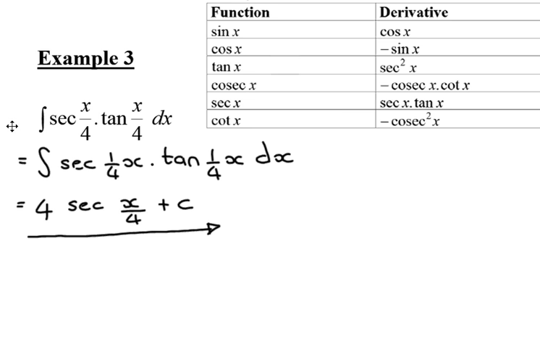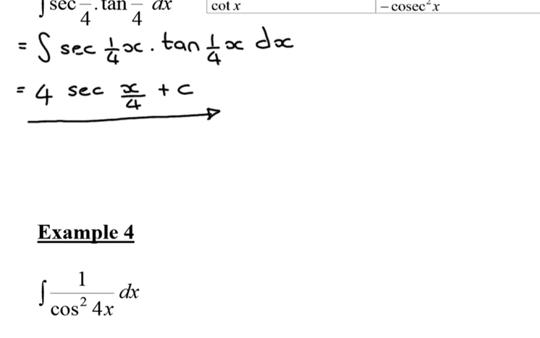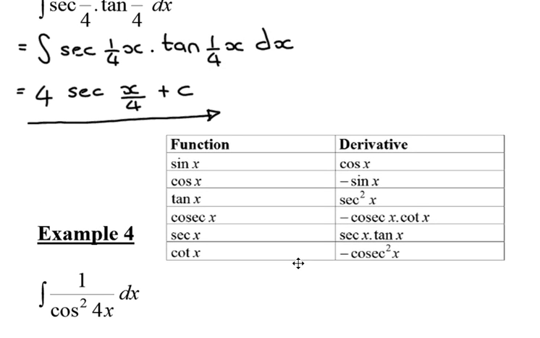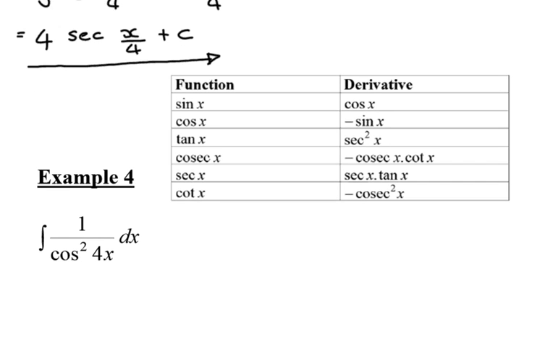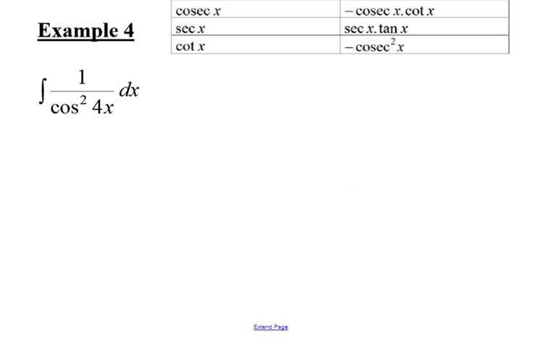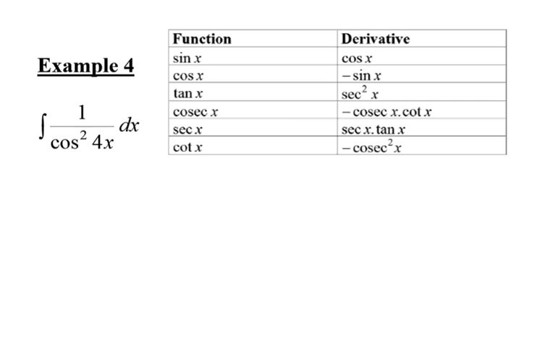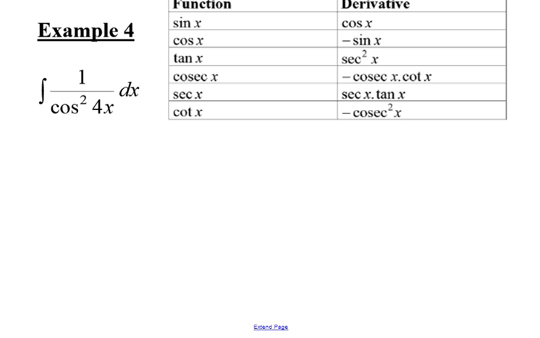Cool, let's have a look at one more example. Just drag my table down. Let's have a look at this example. Okay, now in this example, I've got 1 over cos squared 4x. I go and I search, do I have a cos squared or a 1 over cos squared? And I don't. However, we know that 1 over cos squared 4x is just sec squared 4x.